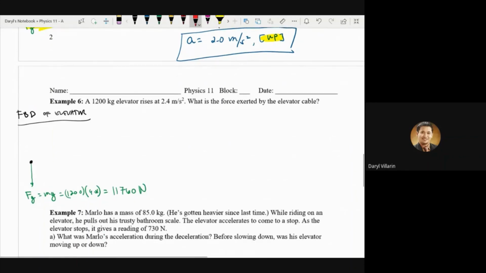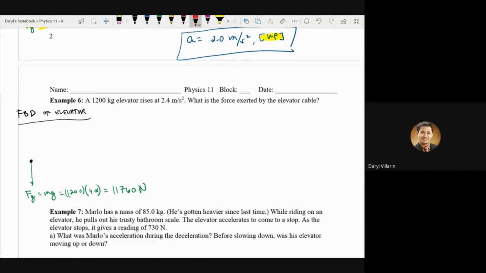So the cable would be the one that will lift it up. Okay, so this would be Ft. And this is a question mark. That is the main question in this particular problem. But you're given that the acceleration would be equal to 2.4 meters per second squared up.